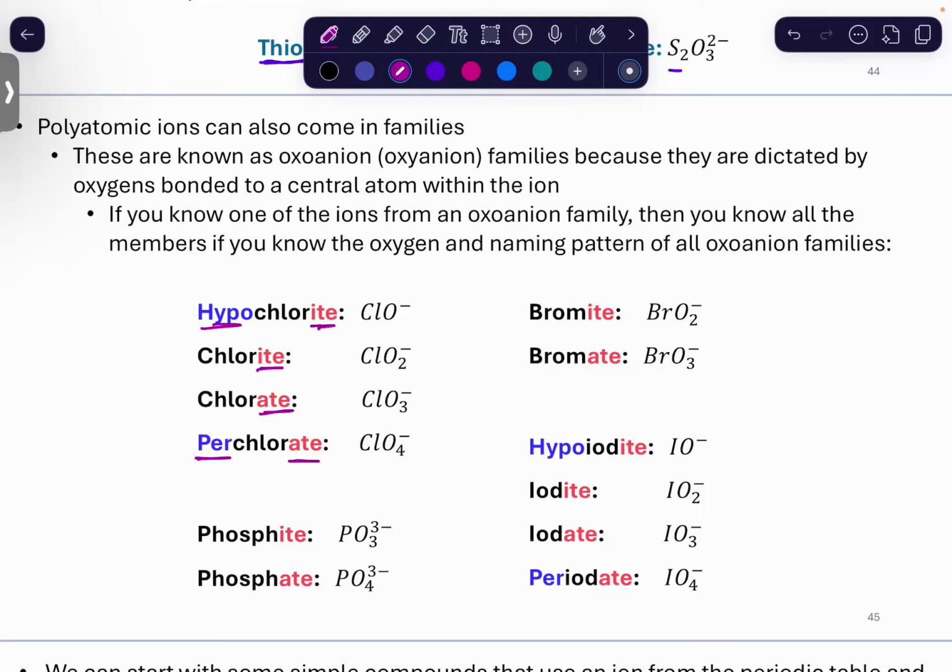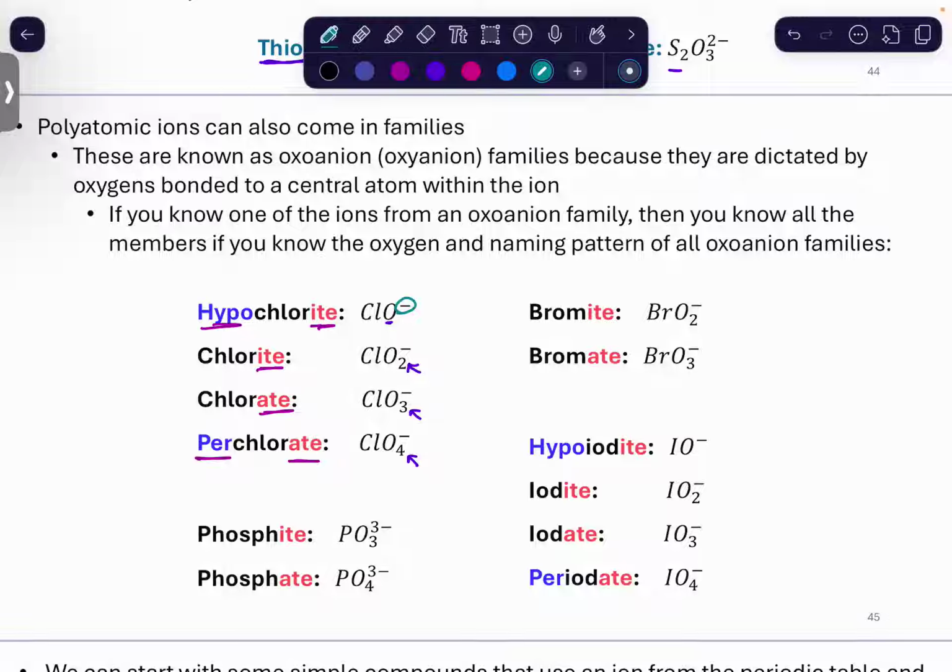And the way this works is they change by one oxygen each time. You go from hypochlorite to chlorite by adding an oxygen, chlorite to chlorate by adding an oxygen, chlorate to perchlorate by adding an oxygen. And then notice all of them have the same charge. So that's how oxoanion families work.